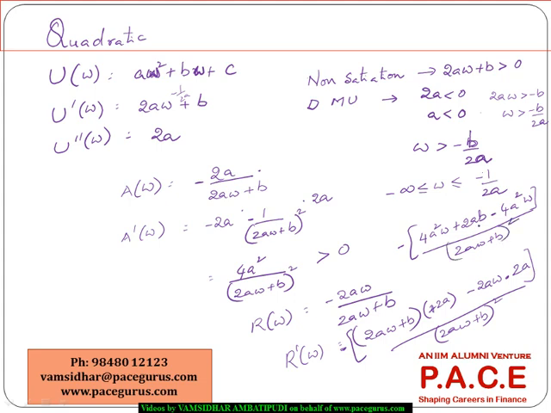Now it is anyhow coming out that minus 2AB divided by 2AW plus B whole square, which is also giving, because A is negative now, minus of minus is giving me plus. So this is coming out as a positive value itself.